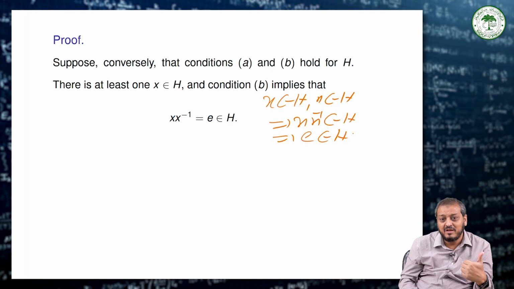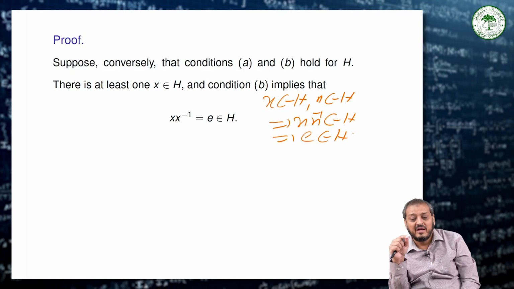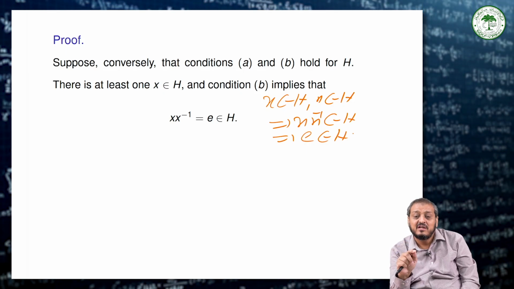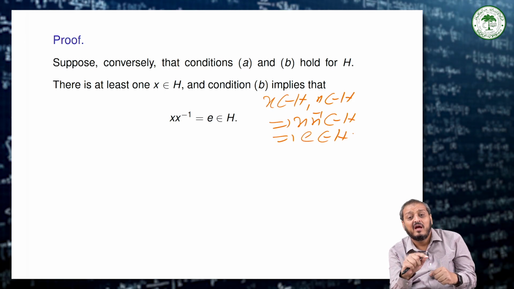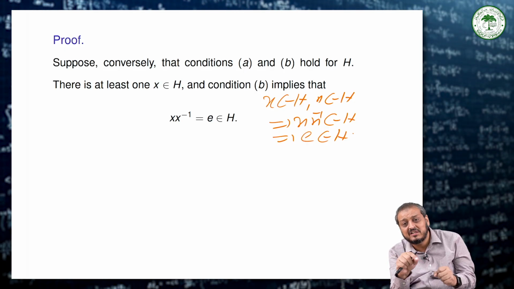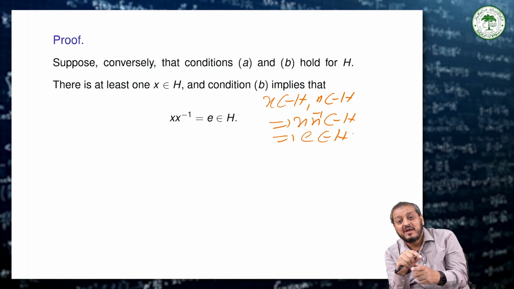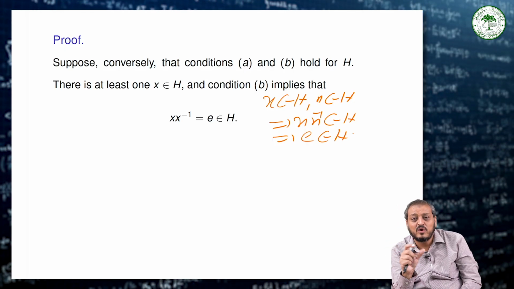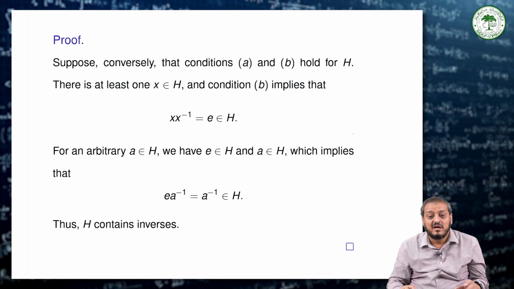If H is non-empty, it means there is at least one element belonging to H. If x is one of the elements of H, then by condition B, x x inverse is also an element of H, which is the identity. So the identity belongs to H.